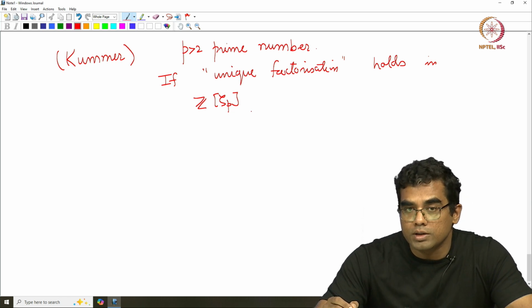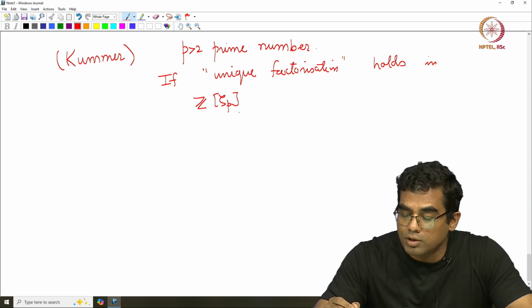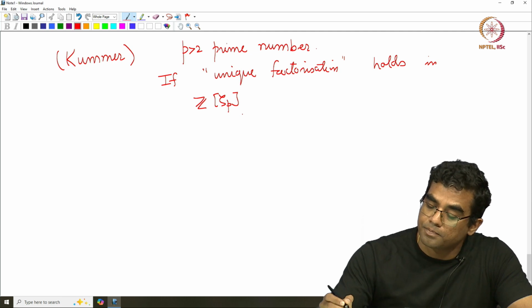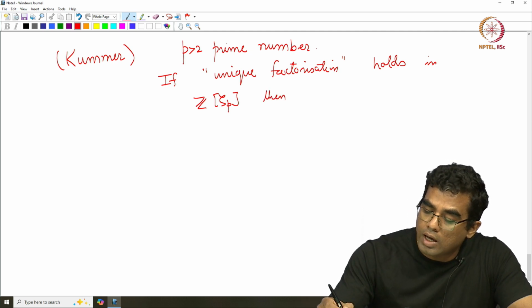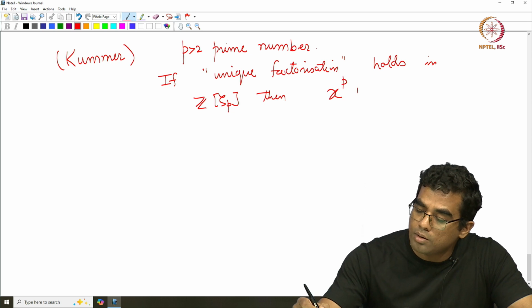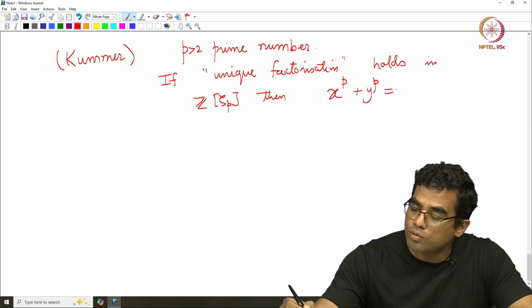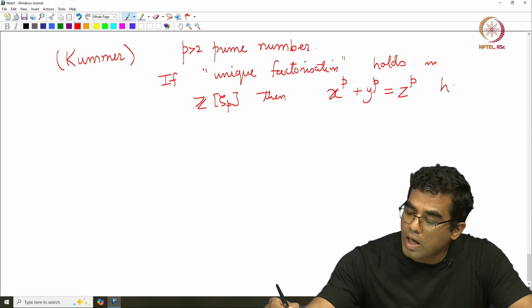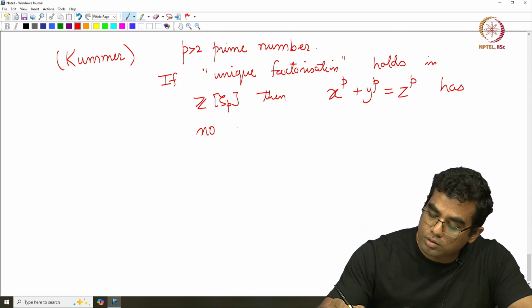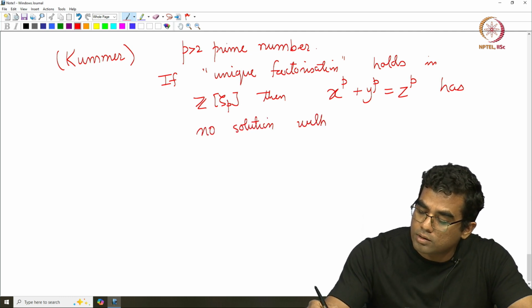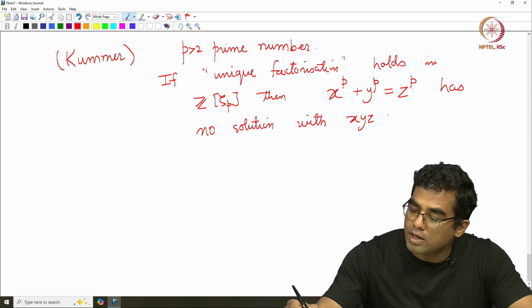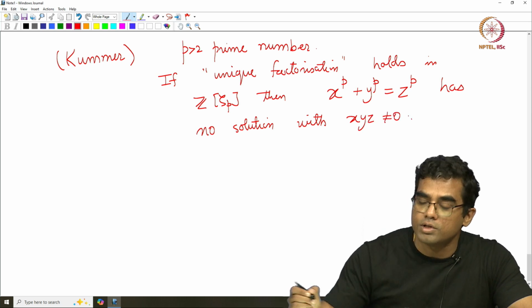Again, we will look at all these rings and we will see what the significance of these is. If unique factorization holds in Z[ζ_p], then x to the p plus y to the p equals z to the p has no solution with x, y, z not equal to 0.